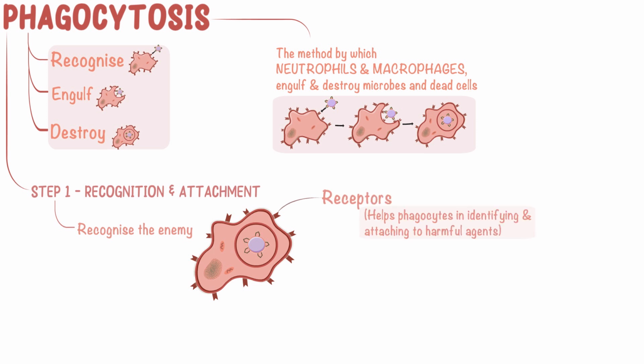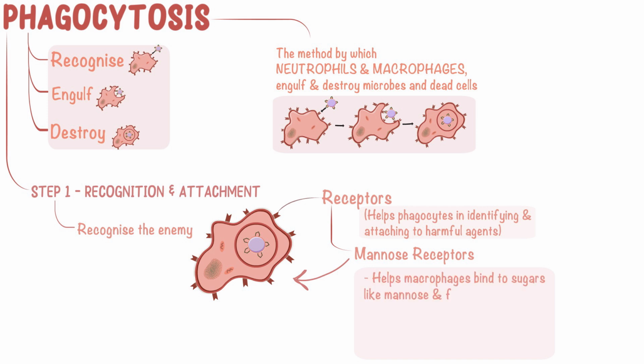We have discussed some important receptors which help WBCs to detect pathogens earlier in this video. In addition to them, mannose receptors present on macrophages are also one such example. With this, the macrophages bind to sugars like mannose and fucose, which are found on the microbial surfaces but not on human cells, allowing the phagocyte to distinguish between self and foreign cells.